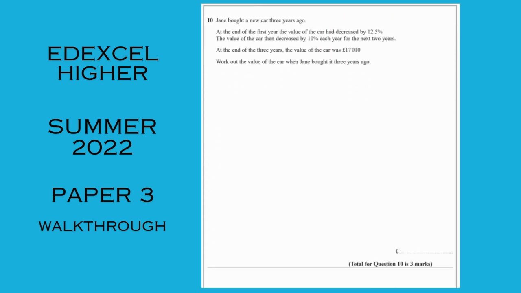Jane's got a new car, so it's reverse percentages, but treble, because the idea is you don't know the original amount. You do know that it was decreased by 12.5%. So that would mean a multiplier of 0.875. Then it decreases by 10% and 10% again, or 0.9 squared.